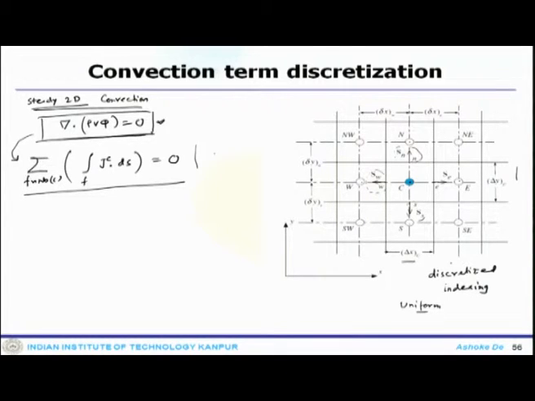Now, if you expand these terms, it should look like the summation over faces f of J_f for convection dot S_f equals the summation over f of rho V phi_f dot S_f.